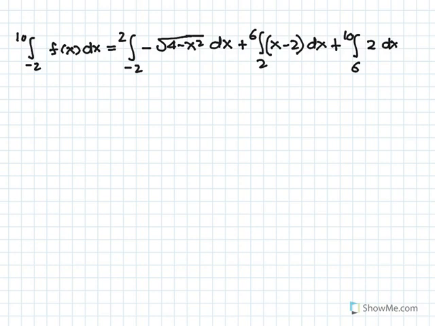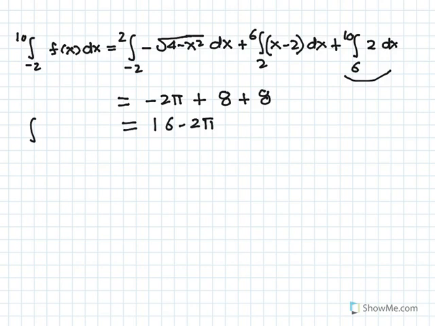We found all these integrals earlier. So the first integral has a value of minus 2 pi. That is minus the area of a semicircle. The second integral is basically the area of a triangle, and that area came out to be 8. And the third integral is the area of a rectangle that also came out to be 8. If we add these, we get 16 minus 2 pi. And this is the integral from minus 2 to 10 of f of x dx.